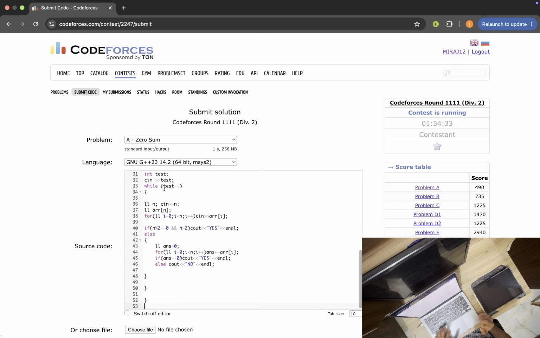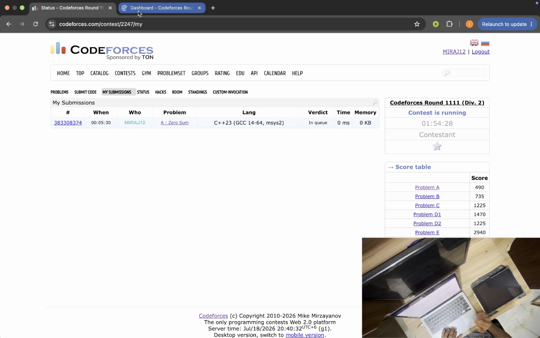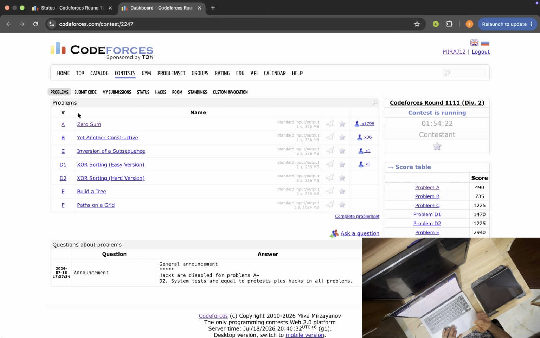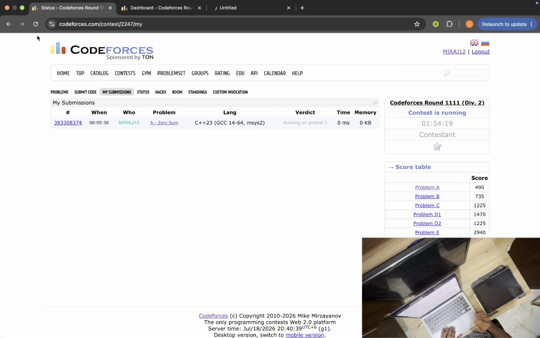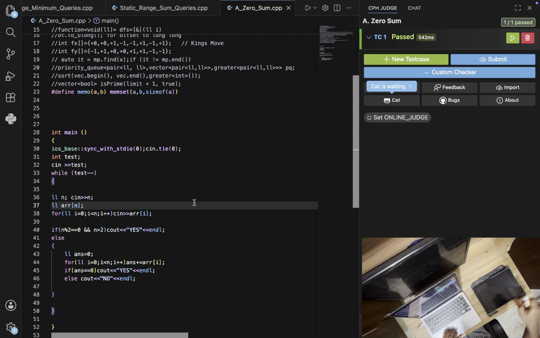There's a little bit of chance it will work, but let's see what happens. Wrong. So I need to equalize. Okay.